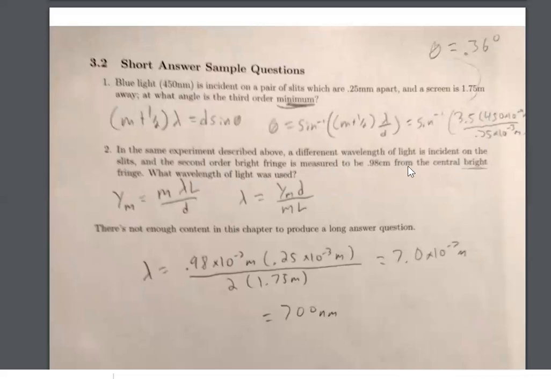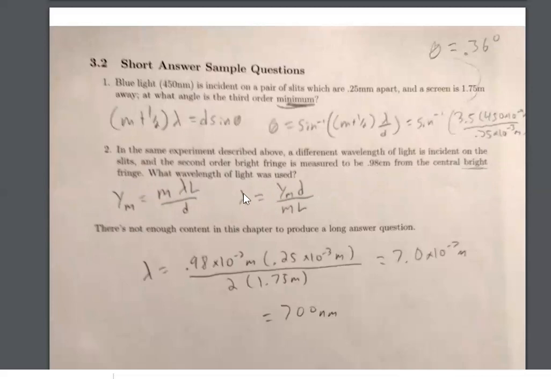Now, since we're talking about distances on the screen, we'll use this equation. Since it's constructive interference, and we know it's constructive because this is a bright spot, we use just m. If it had been talking about dark spots, then we would have used m plus a half, okay? We know all of these quantities except for the wavelength, and that's what the question is asking for.